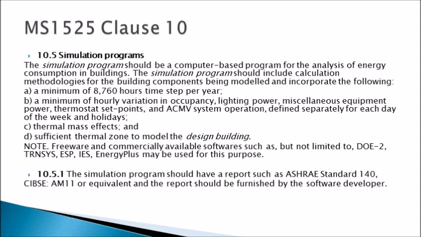For example, a school building or a university campus. There are certain times of the year it is empty because of holidays and there are no students on campus. So you should be able to simulate that.